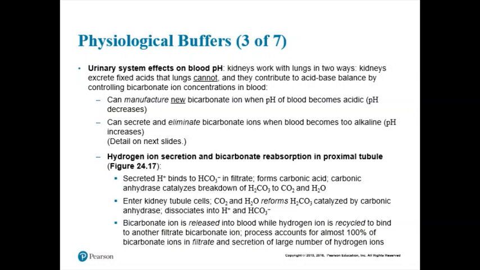And then eventually you'll break them apart using an enzyme called carbonic anhydrase. It will take that newly formed carbonic acid and break it back up into its carbon dioxide and now pure water form from that original positively charged hydrogen and bicarbonate. And then once you're in the kidney tubules, that carbon dioxide and water actually reforms the carbonic acid. And this is also controlled by carbonic anhydrase.